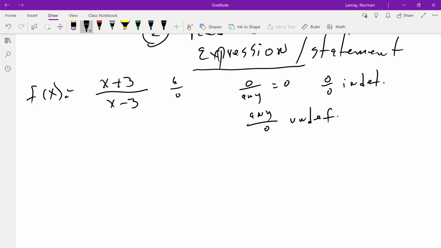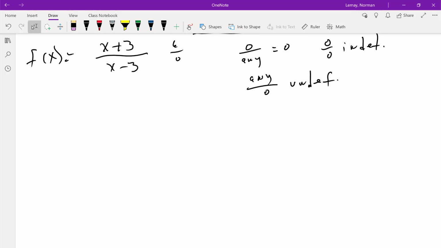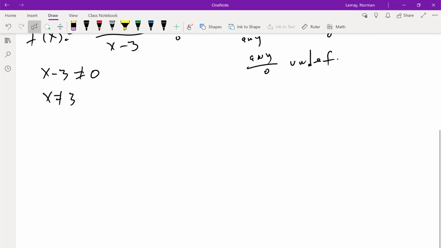As a procedure, we take the denominator, x minus 3, and instead of saying equals 0, we say it cannot equal 0, and then solve, noting that x cannot equal 3. So the domain is all the real numbers except x equals 3.